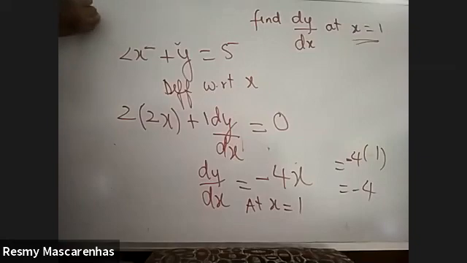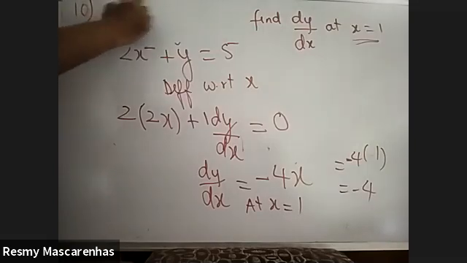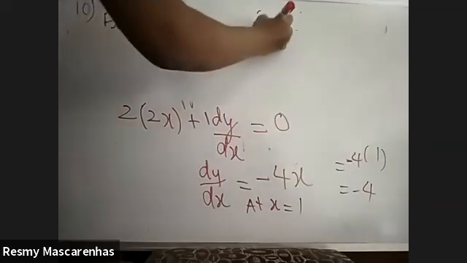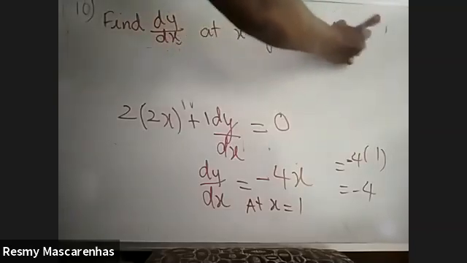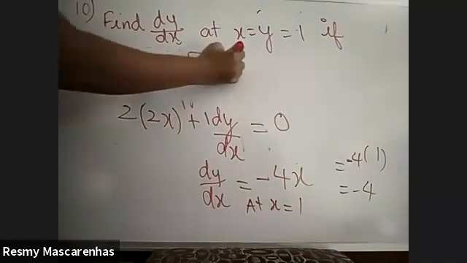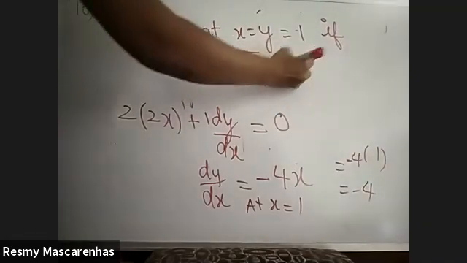You can find this one, 10th one. Find dy by dx at x is equal to y is equal to 1 if root x plus root y is equal to 1.